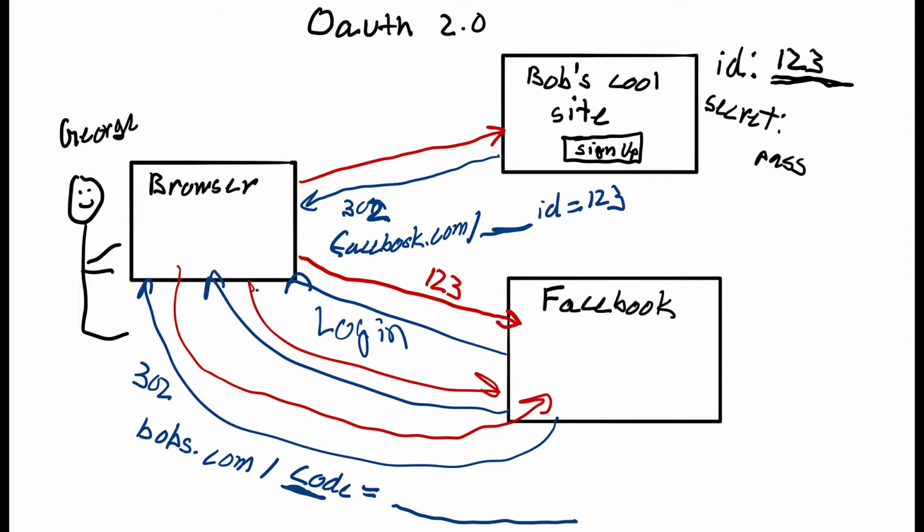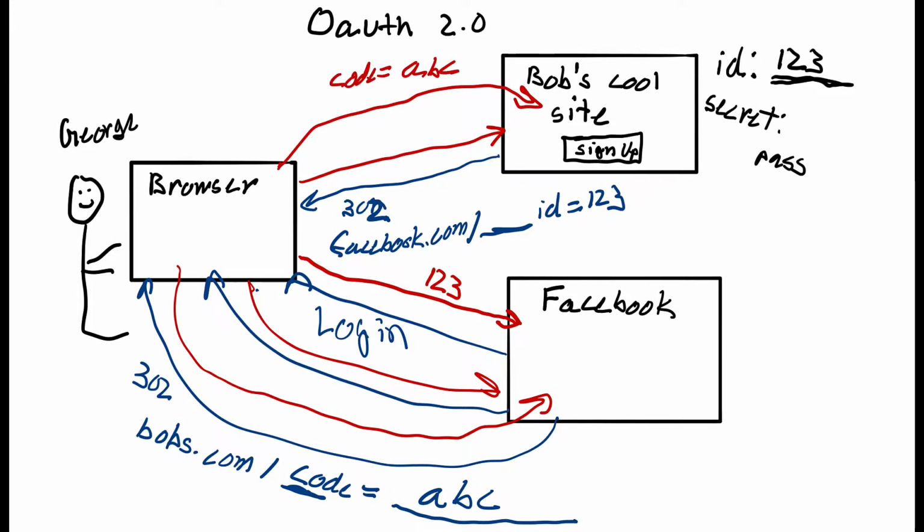In my case, I'll use ABC, but really it's a long, hard to guess string. So it sends the redirection back to George, and George's browser will make another request. George won't see this redirection. It'll make another request to Bob's site that includes the ABC, the code that Facebook gave him.